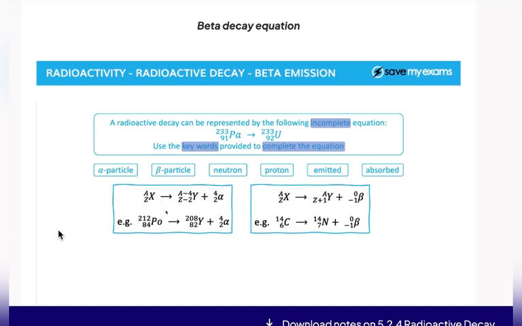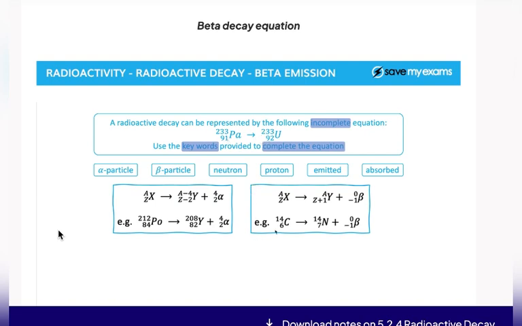In alpha decay, the nucleon number, that's this number at the top here, decreases by 4 and the proton number decreases by 2. And in beta decay, the nucleon number stays the same and the proton number actually goes up by 1. So if we have a look at what we've been given here, we see that our nucleon number is staying the same and our proton number is going up by 1.